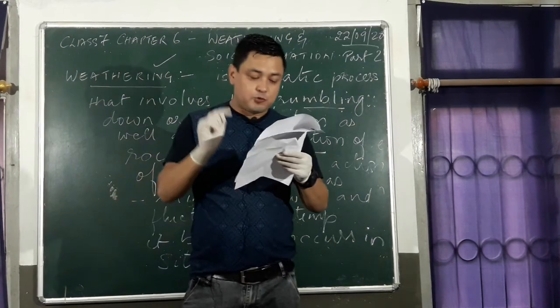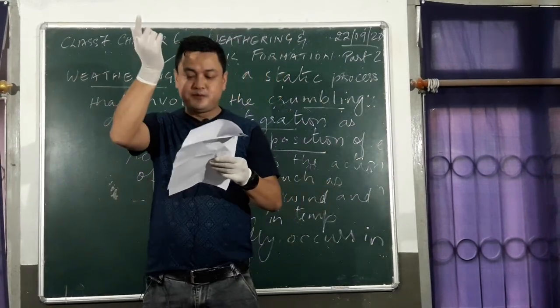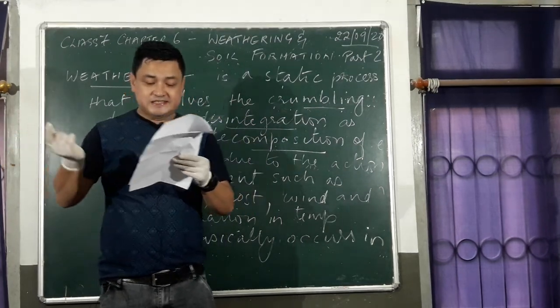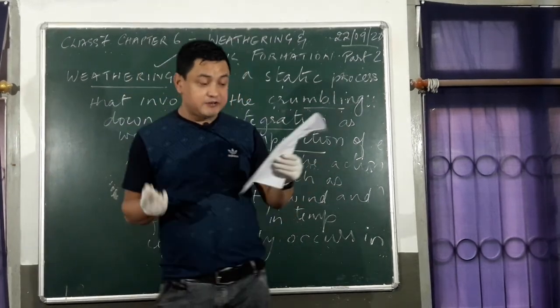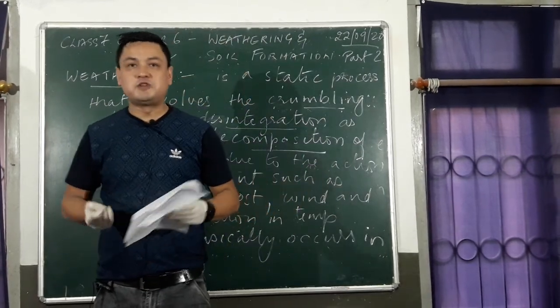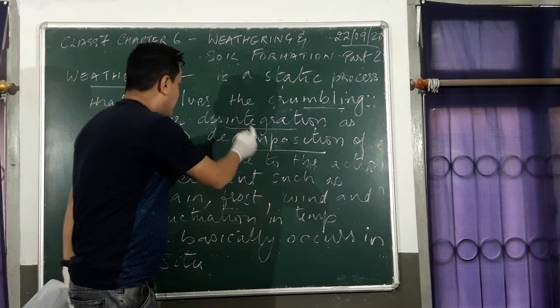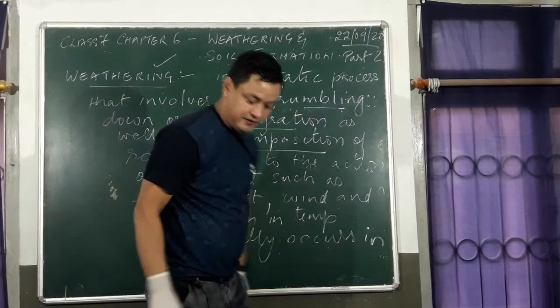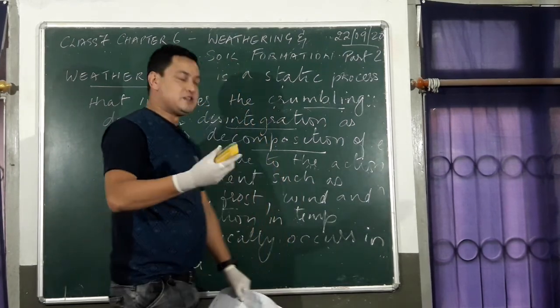So it might be gravity, it might be water, it might be ice, it might be wind, which plays a vital role in transporting the weathered rocks or the broken rocks from one place to another. And even soils are carried from one place to another.